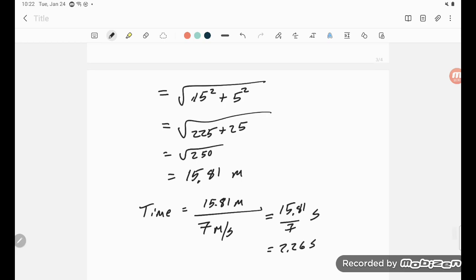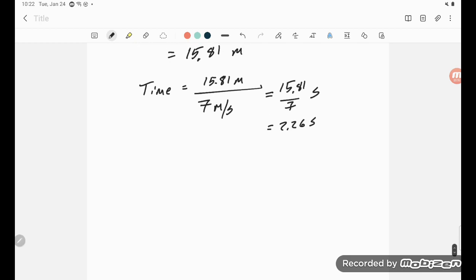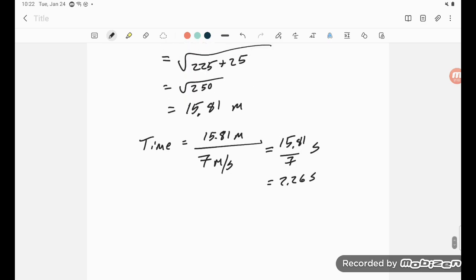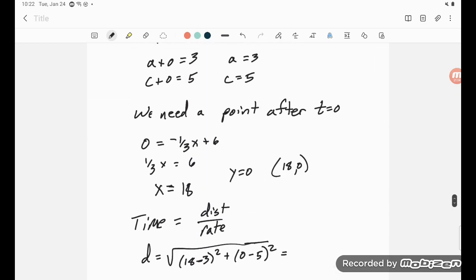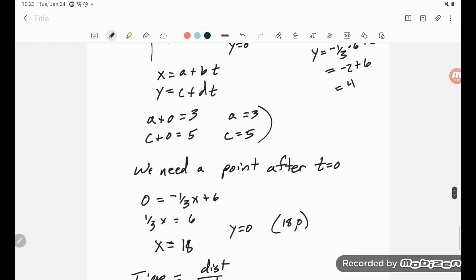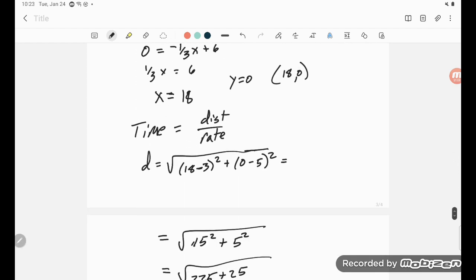Okay, so then we have our time, and we do things the same way. We need to solve for B, so we had A, which was 3, and C was 5.